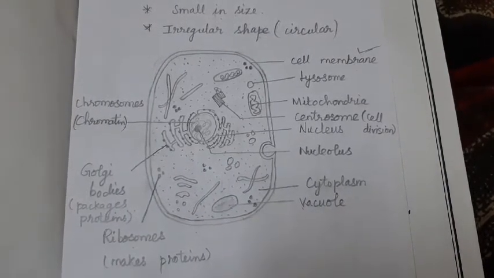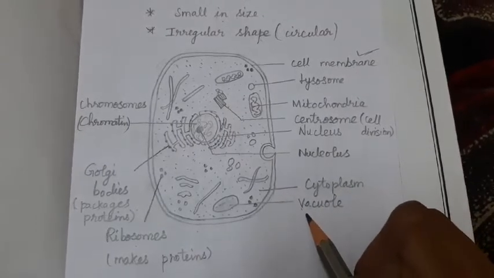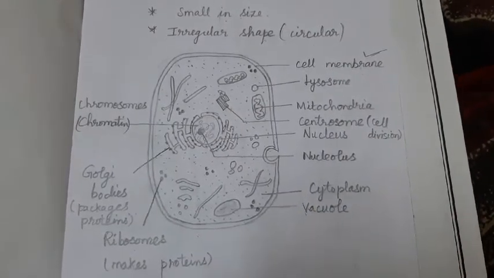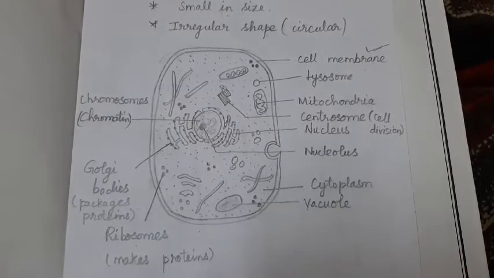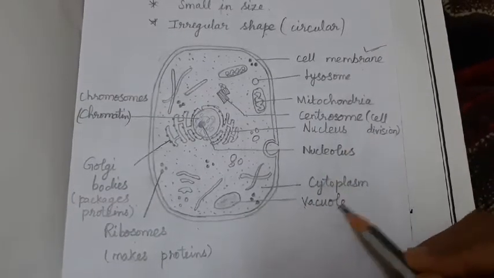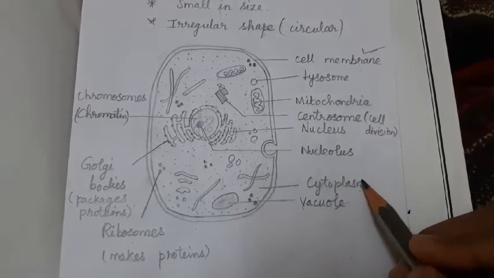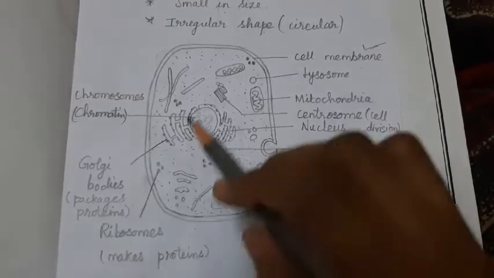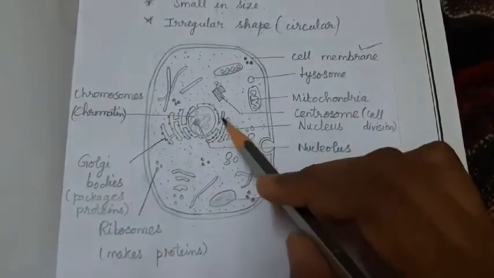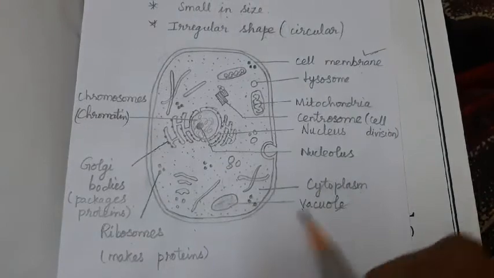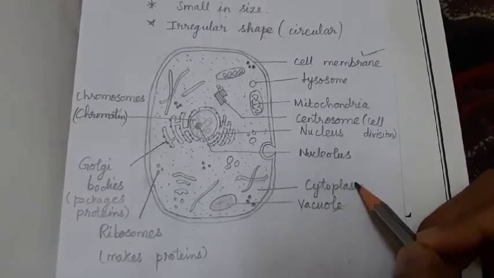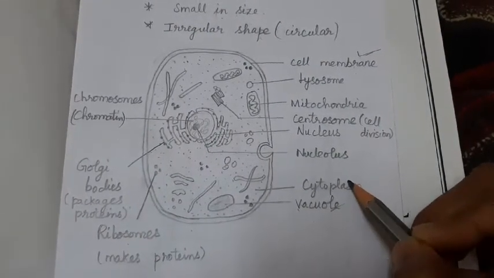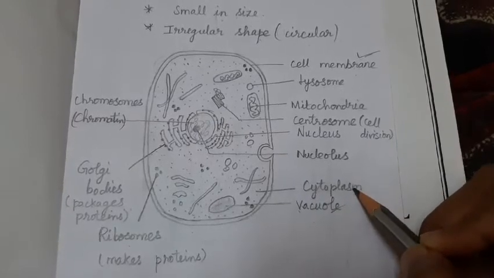This is another difference. The vacuoles are many in number and they are small in size. So cytoplasm is nothing but the remaining space occupied inside the cell except the nucleus. Okay. So the cytoplasm is present in both the plant cell and animal cell.